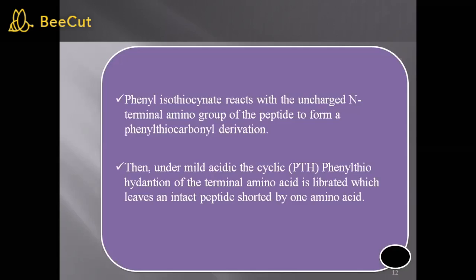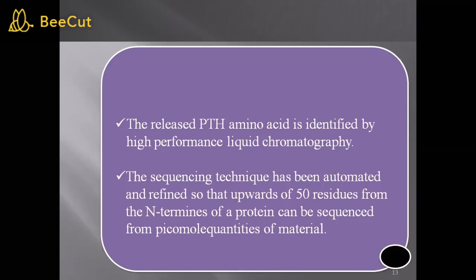It gets liberated, and we have to extract it, and afterwards the polypeptide chain will contain one less amino acid. That means the terminal amino acid gets released. Then this released PTH amino acid is identified by high performance liquid chromatography, the HPLC.